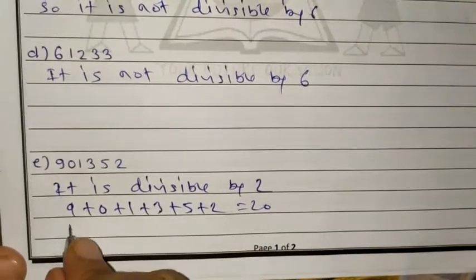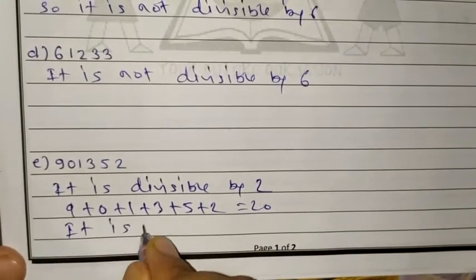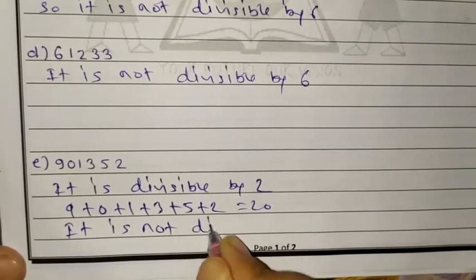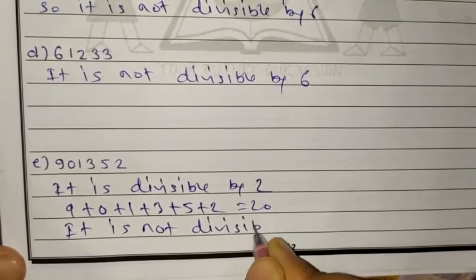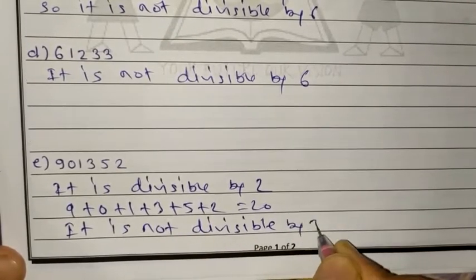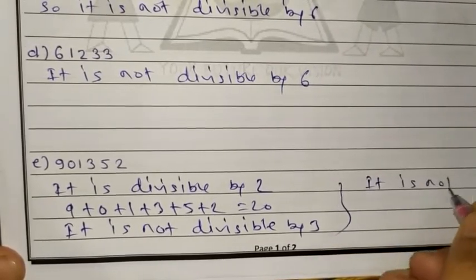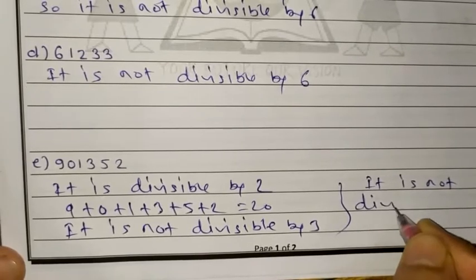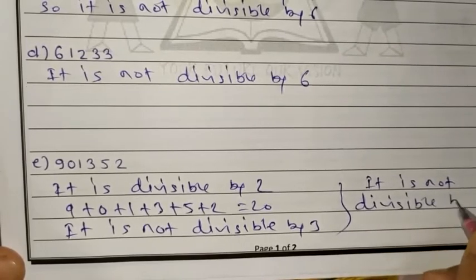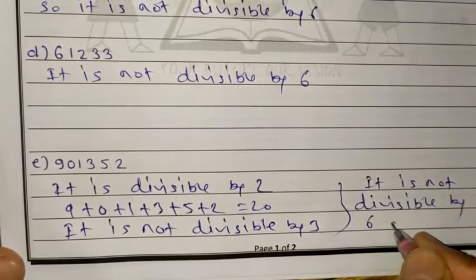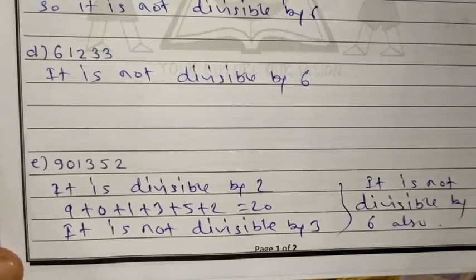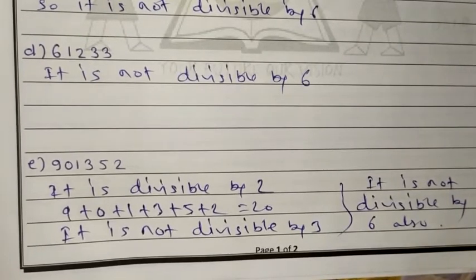So it is not divisible by 3. So it is not divisible by 6 also. So I hope friend you understood this. After that we will move to the next question.